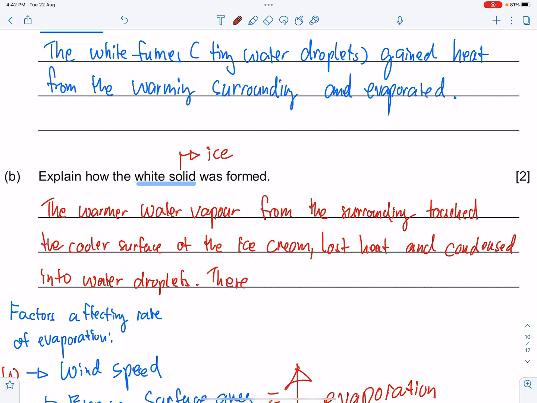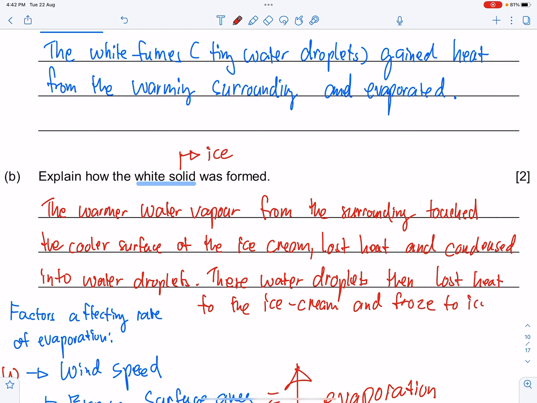These water droplets then lost heat to the ice cream and froze to ice. And that is how you answer a question on water.